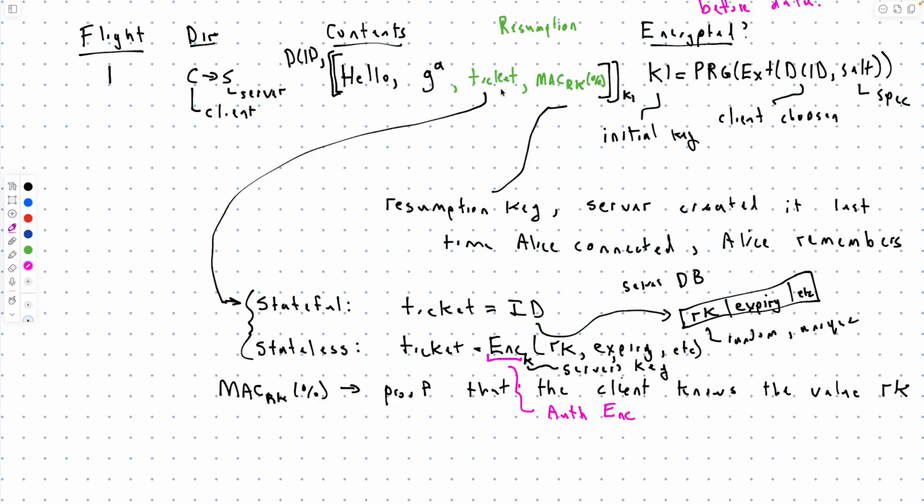And then she'll drop the ticket in. Because she has RK, she can MAC the rest of it with it. And this gets stored in the browser window, or I'm guessing it gets stored as cache. So the browser will store it sort of like how it stores cookies. So it has a place now for this resumption stuff.